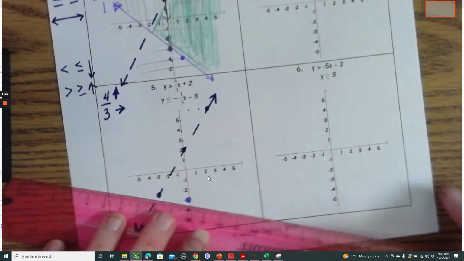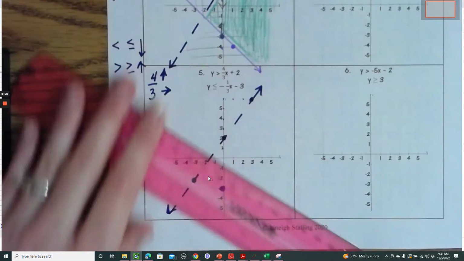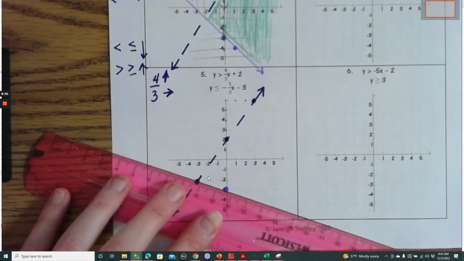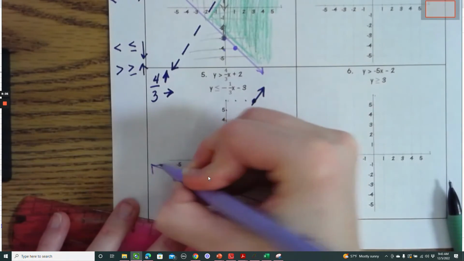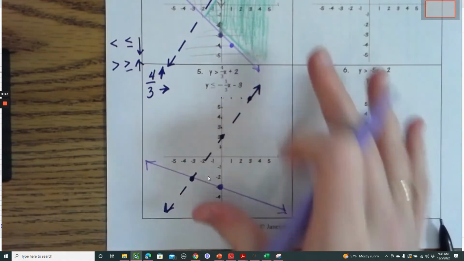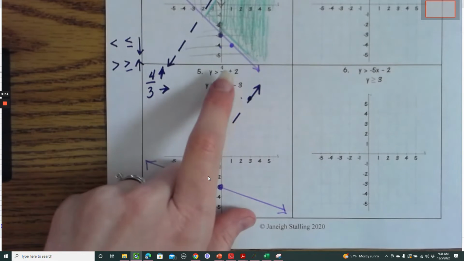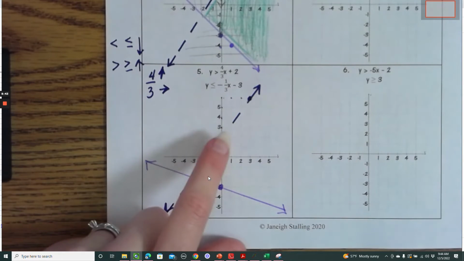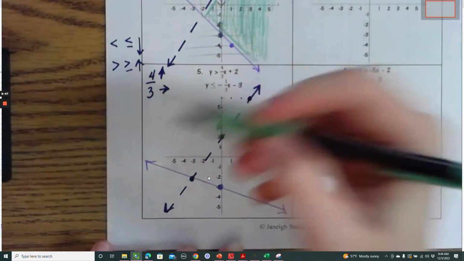So, if I can get my ruler in here. All right, that's a solid line. Oops, I didn't shade. I should have shaded as I was going, so I remembered which line was which. So this line was my top line. Y is greater than. So from the y-intercept, we're going to shade up.